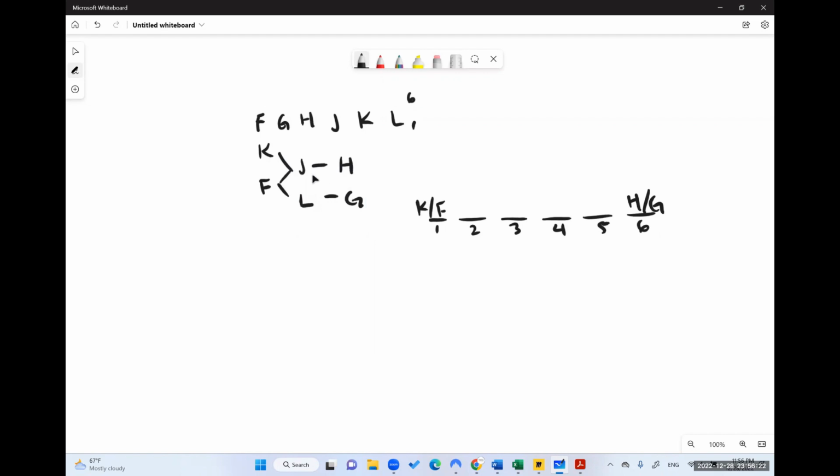J can go before or after G. The reason why we don't know the relationship between J and G, for example, is because if we just look at it from the chain perspective, I know that F goes before J and J goes before H, right? That's all I know just from the direct chain. There's nothing that tells me directly J's relationship to G.